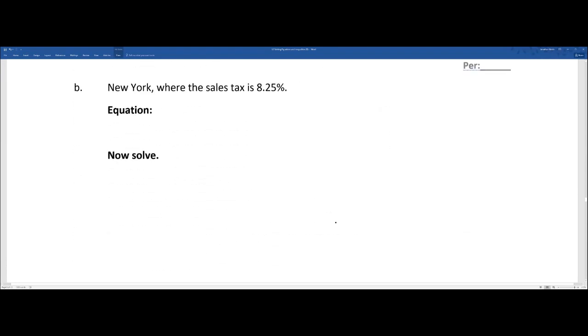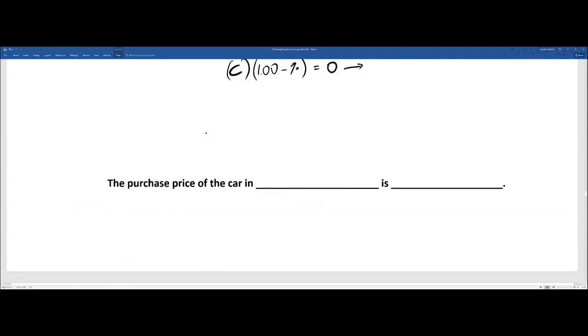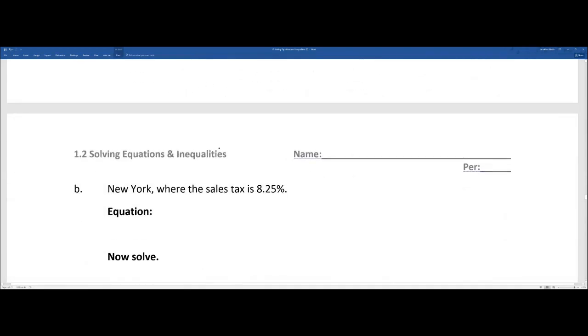All right, so New York, where the sales tax is 8.25%. Let's see, so the equation is going to be this. Let's say your final cost equals the price plus 8.25%.